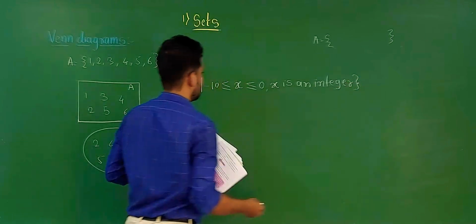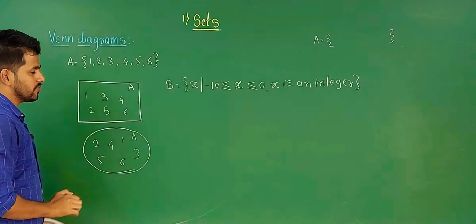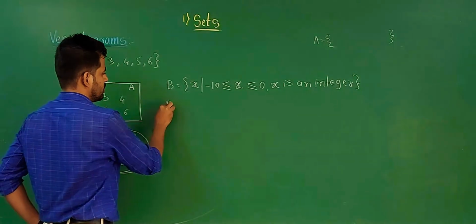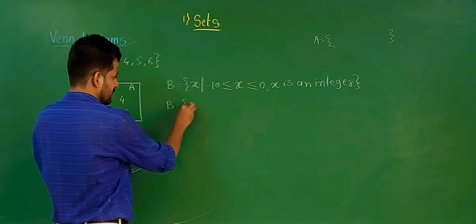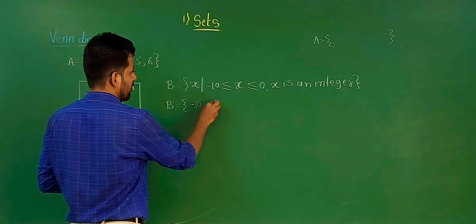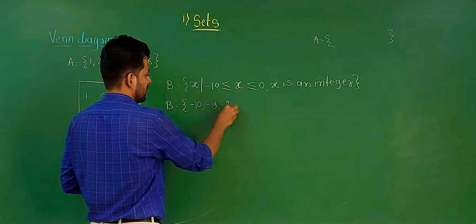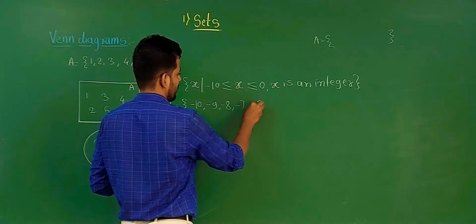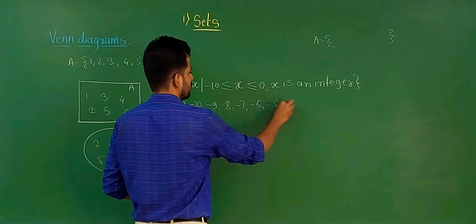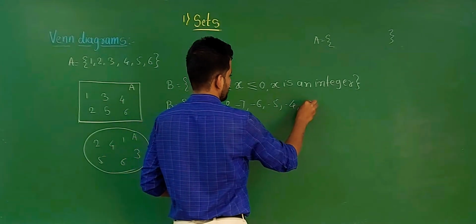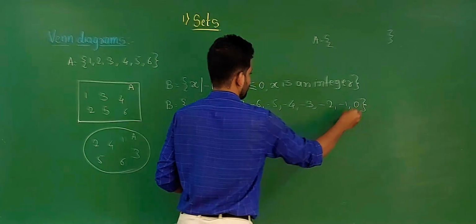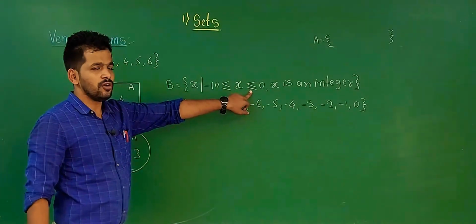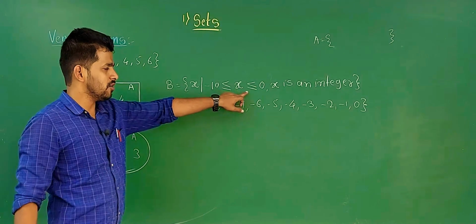First we convert it into the listing method. So B equals the values of x: minus 10 is also allowed, minus 9, minus 8, minus 7, minus 6, minus 5, minus 4, minus 3, minus 2, minus 1 and 0 also, because it is less than or equal to.